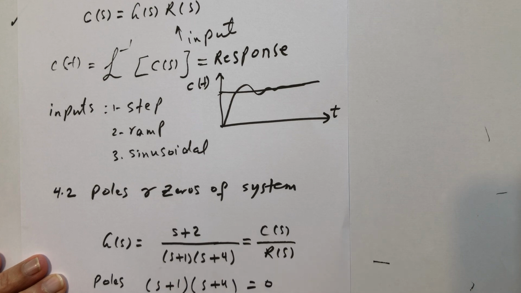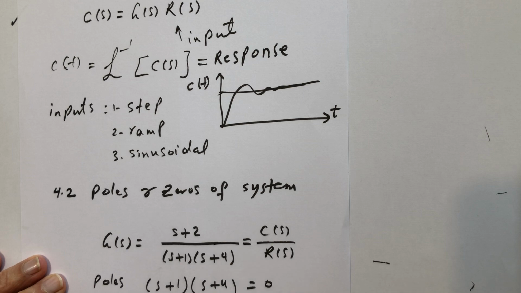So S equals minus 1, S equals minus 4, right? If I substitute here for S the value minus 1, what do I get here? I get a 0. So division of this over a 0 will give me infinity. Then the poles give the transfer function a value of infinity. Okay? So these are the poles.